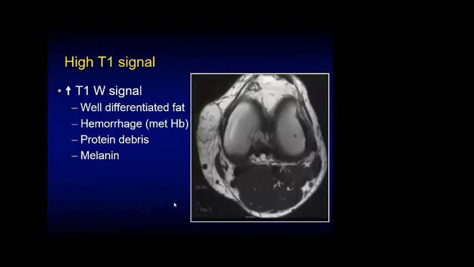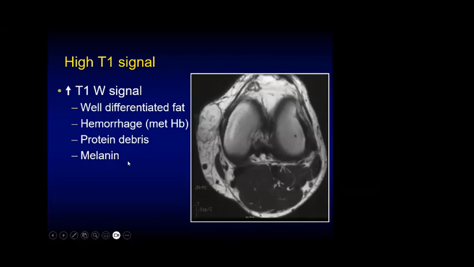With MRI sequences, T1 is always helpful for your anatomical assessment for staging, but also there are some tumors that have high T1 signal intensity, such as lipomatous lesions, hemorrhagic tumors, tumors with proteinaceous material, and melanomas.